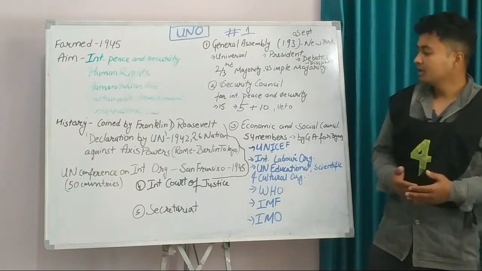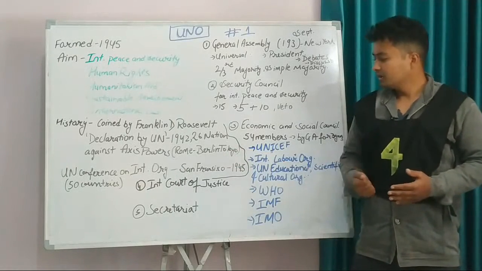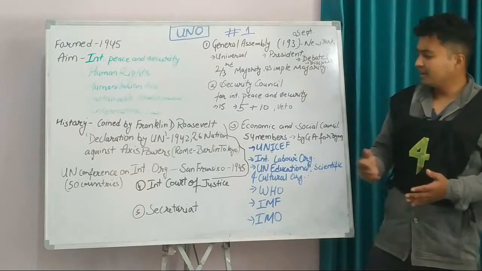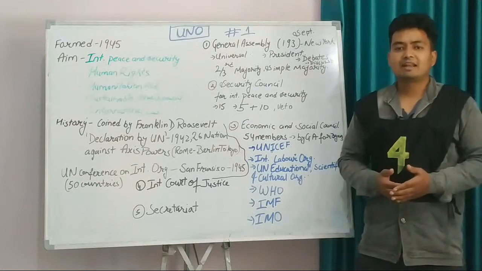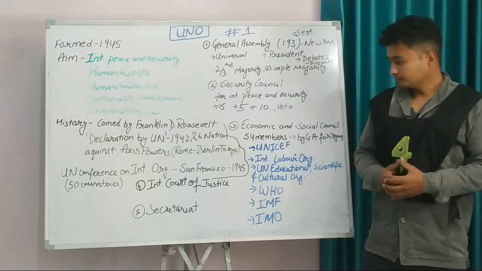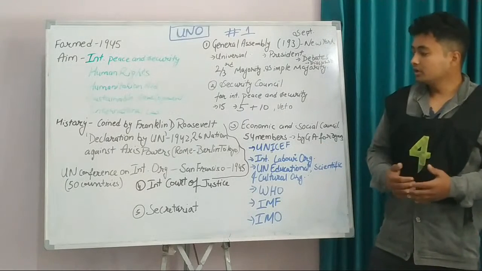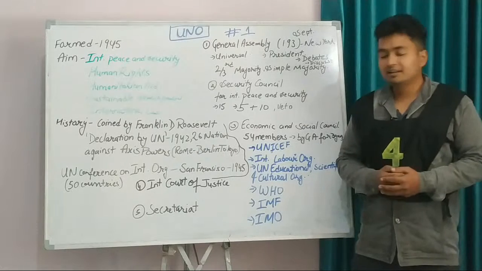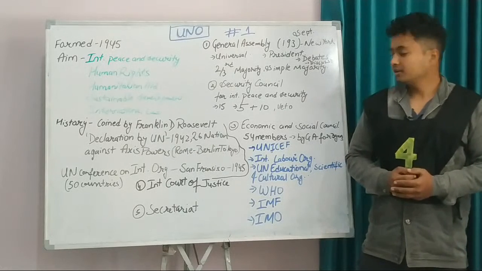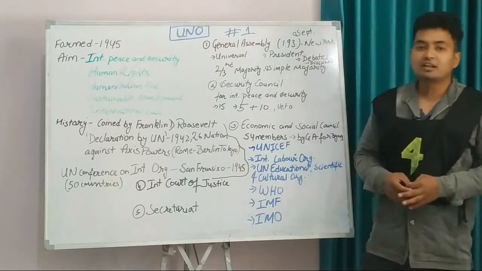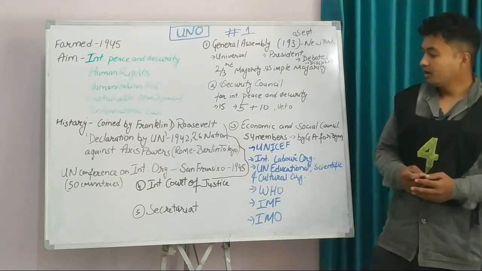In the Axis powers, Italy, Germany and Japan were the main countries, and in the Allied powers there were the US, UK, and many other countries. So the United Nations Conference on International Organization was held in San Francisco, USA in the year 1945, and 50 countries were part of it.